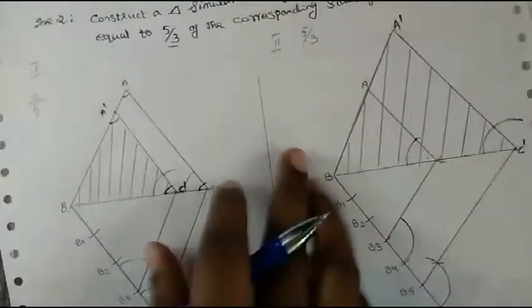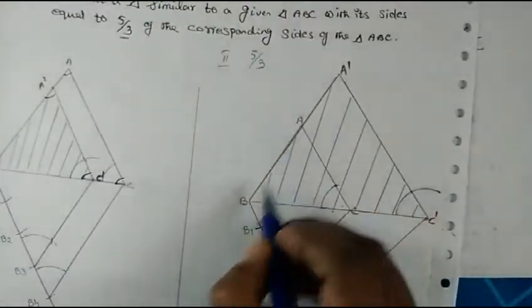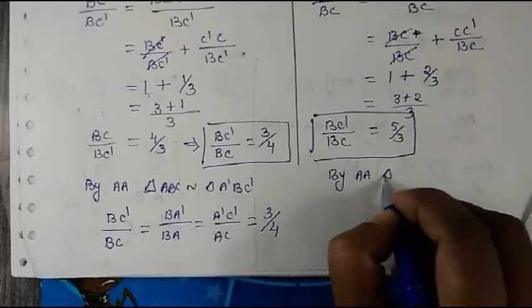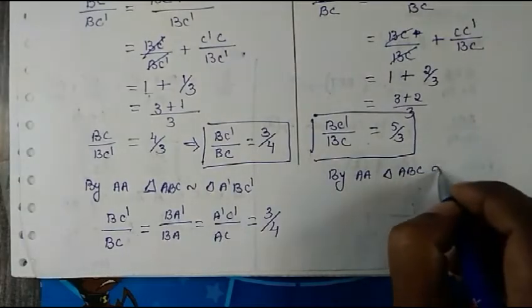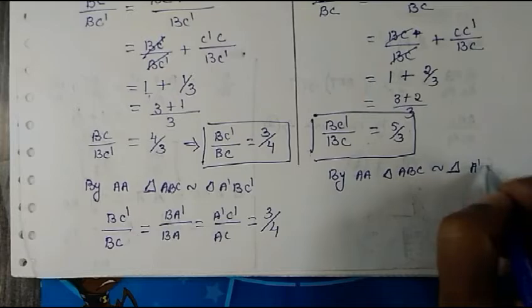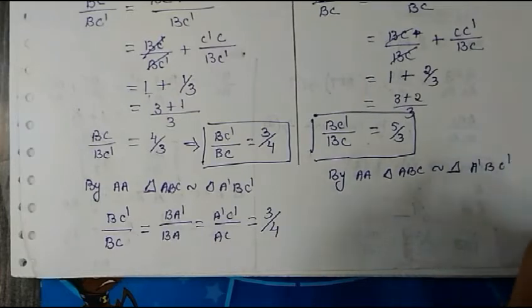Here the original triangle was the small one, right? ABC. So triangle ABC is similar to triangle, and what we have constructed was the bigger one, A dash B C dash.